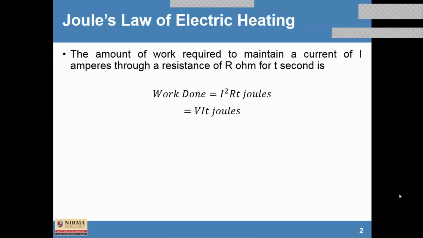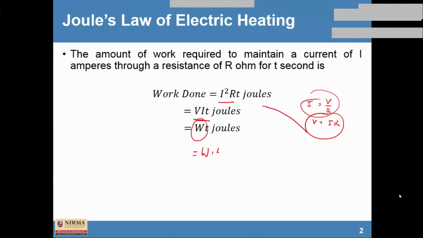So we can replace I square R with VI also, because I is equal to V by R, or V is equal to IR. With the help of these equations, we can write another form of work done, that is VIT joules. Similarly, VI is power in watts, so W into T. So power consumed with respect to time of any electrical appliance is nothing but work done.